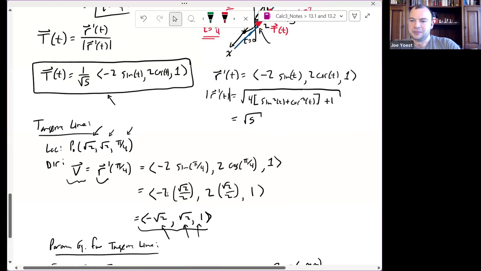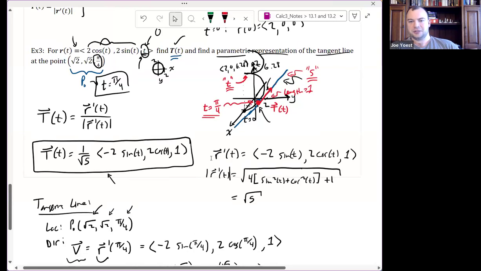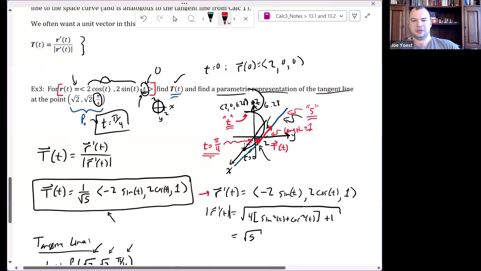Yeah, so length R from up here. We have our original R up here, 2 cos t, 2 sine t, t. Note that we then found R prime. So we were interested in finding a unit tangent vector.